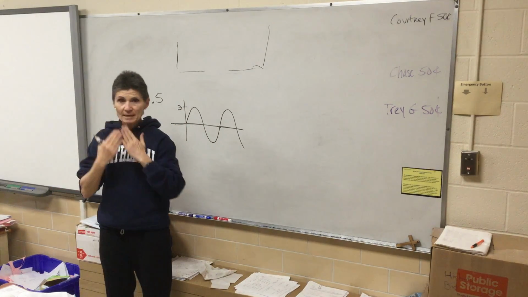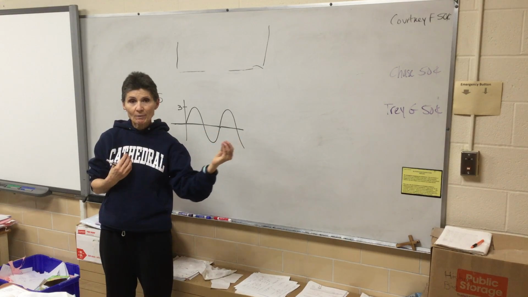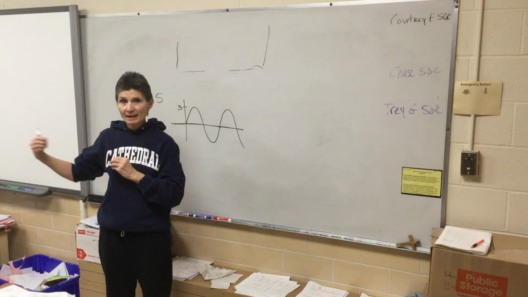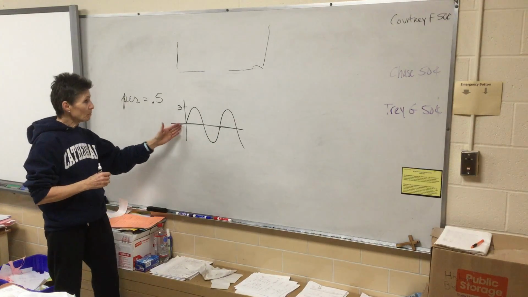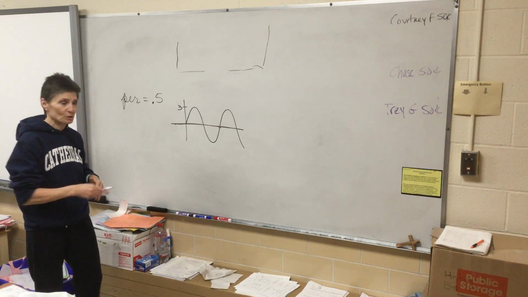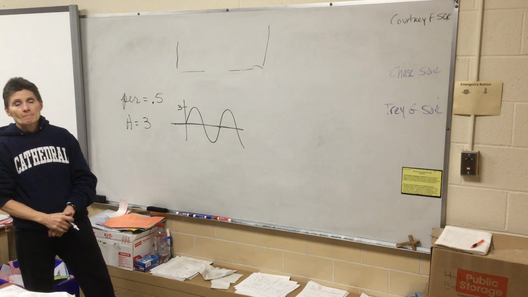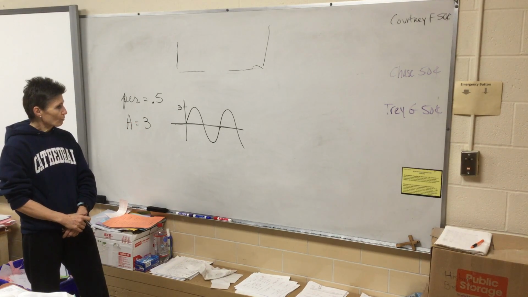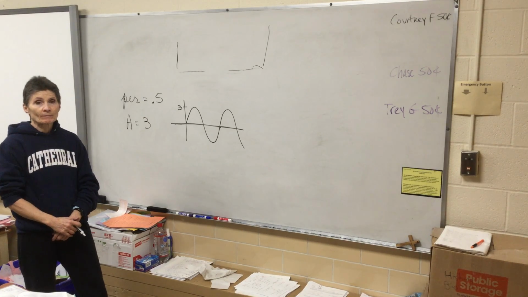So I pretend I'm the spring at rest. As I'm stretched, I go out 3, and then when I come back, I move back 3 this way, 3 this way. So my displacement is really my amplitude. Now I need to write an equation for that.